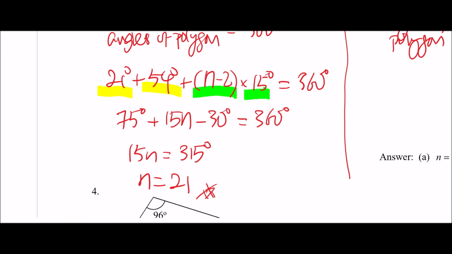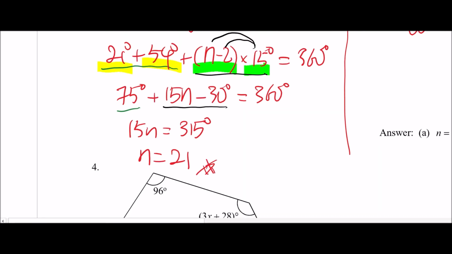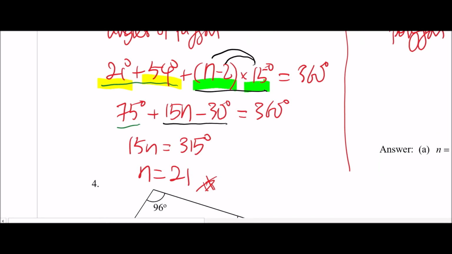From here onwards, I'm using the so-called rainbow method, the distributive method, and this is how I get this 2. So this 2 gives me this 2, while 21 plus 54 gives me 75. The rest from here is just very basic algebra, and you can solve for n. And you realize that this non-regular polygon has 21 sides.